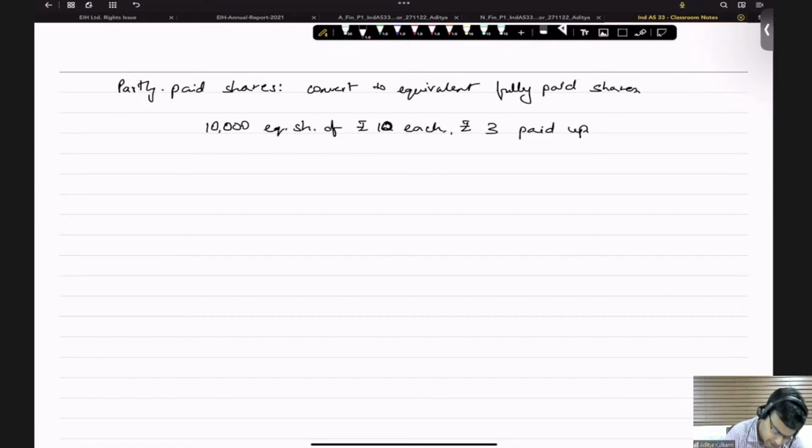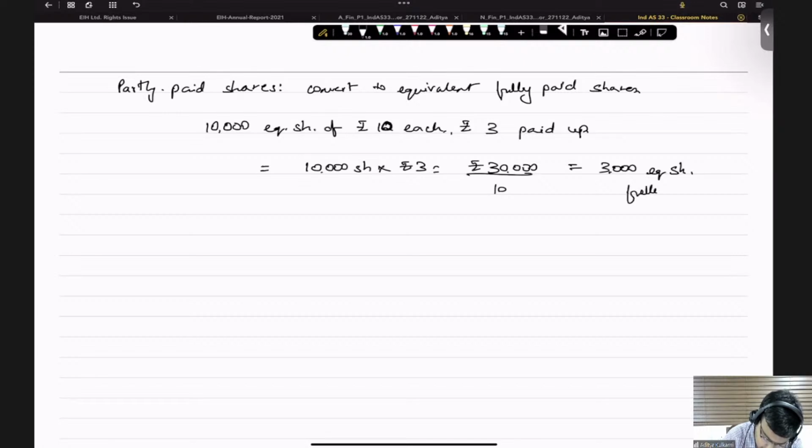So what does it mean? This is nothing but 10,000 shares into rupees 3. That means I got rupees 30,000, divided by 10, so that is equal to 3,000 equity shares fully paid. 3,000 equity shares fully paid.